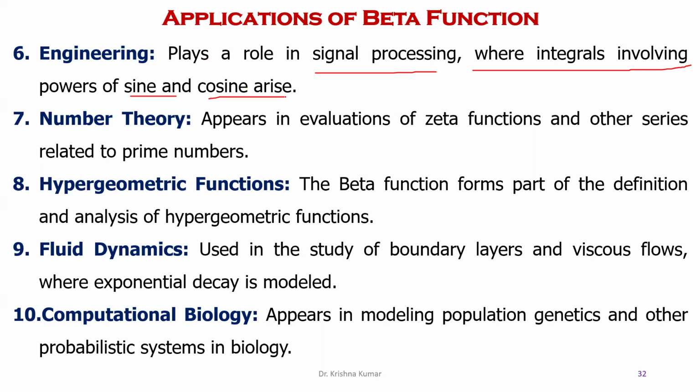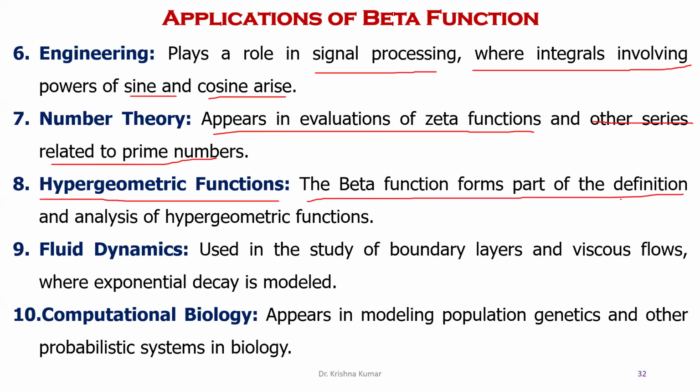It is also used in number theory. It appears in evaluation of zeta functions and other series related to prime numbers. Beta function is also used in hypergeometric functions. The beta function forms part of the definition and analysis of hypergeometric functions.